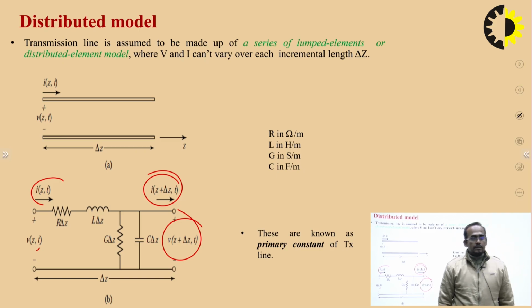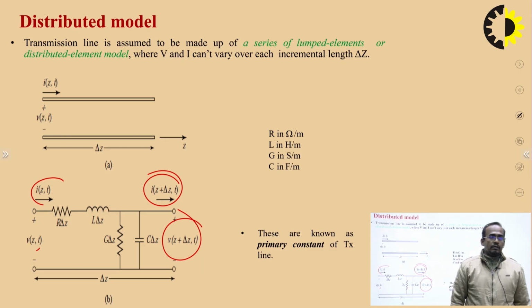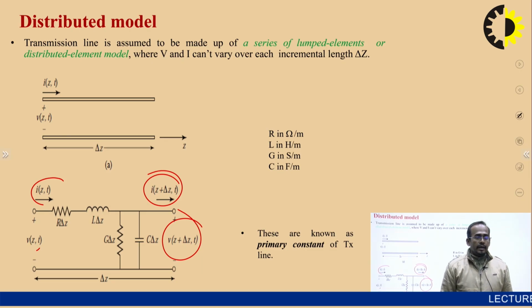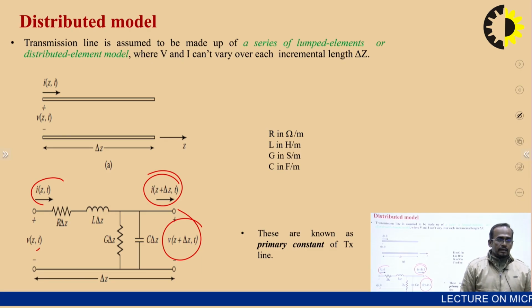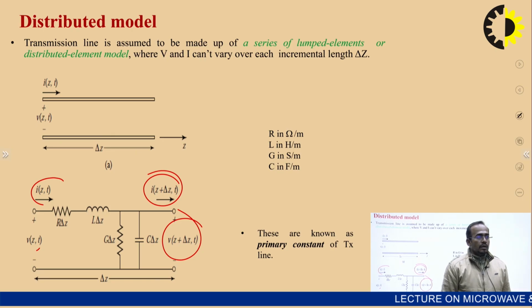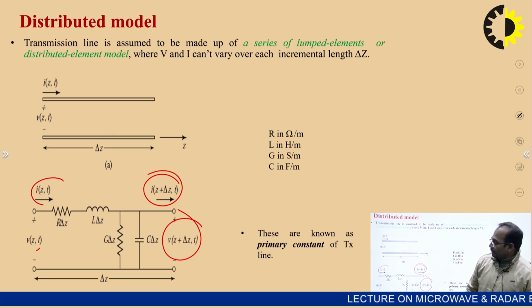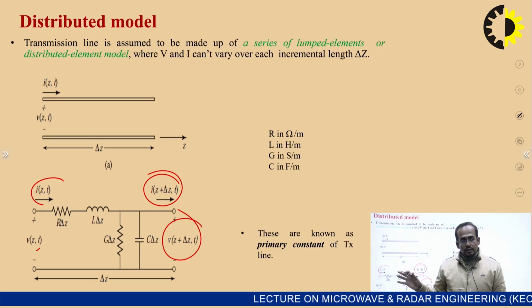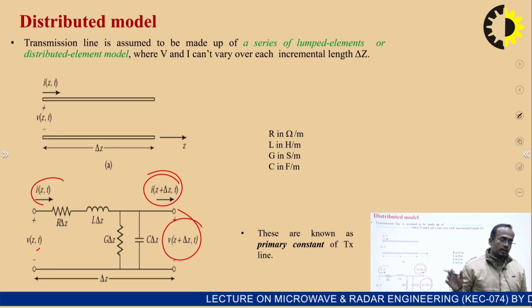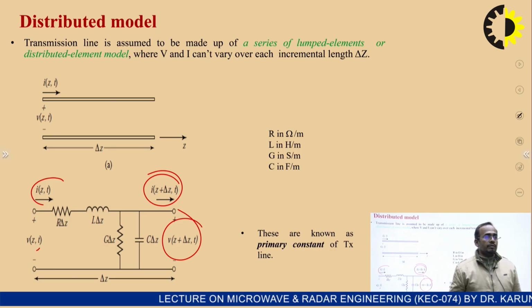where R is the resistance in this transmission line, and resistance, inductance, conductance and capacitance are all used per meter. So the unit for this resistance will be ohm per meter.